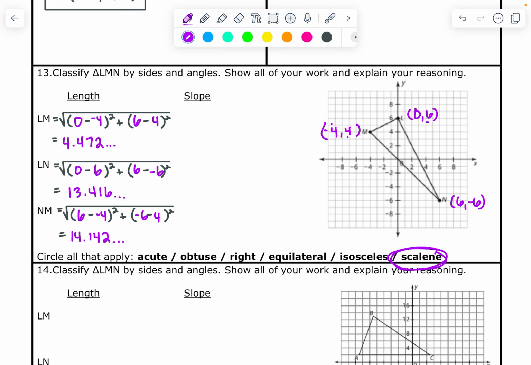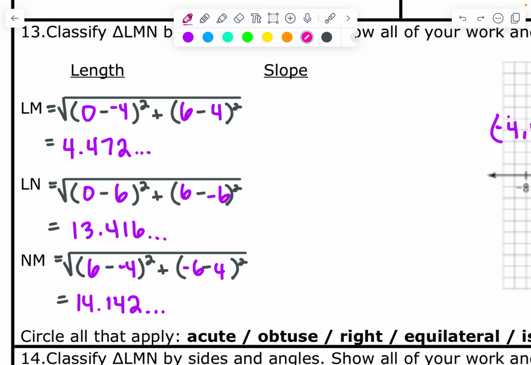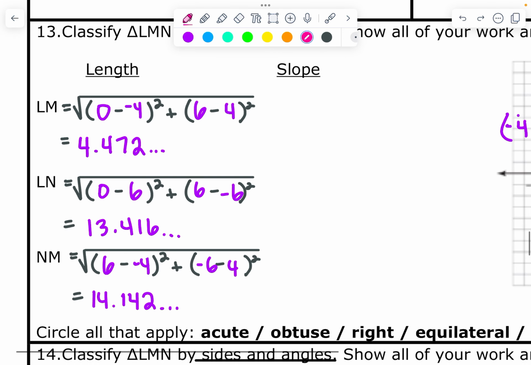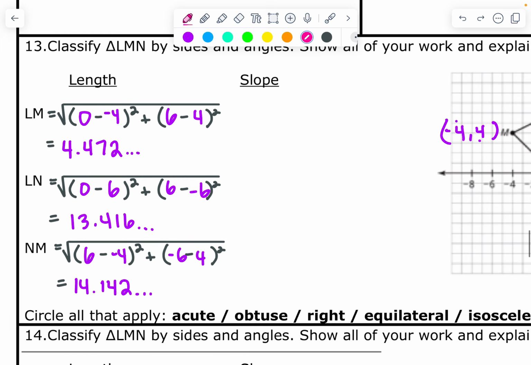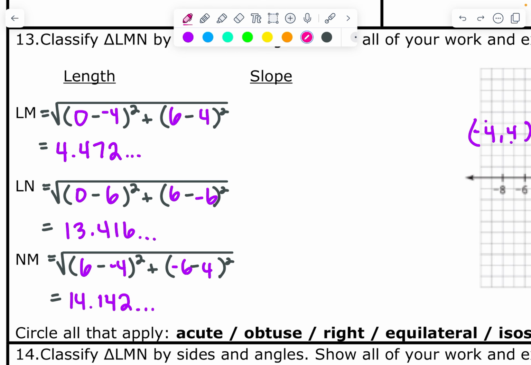So let's look at the slope next. To do the slope, you could just count it on the graph by doing rise over run. Or we could just take the coordinates.